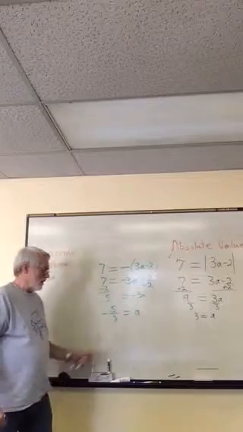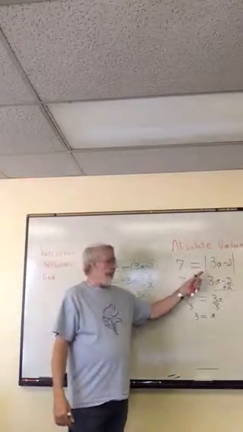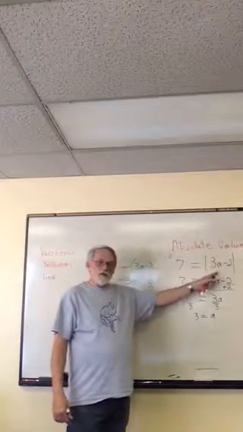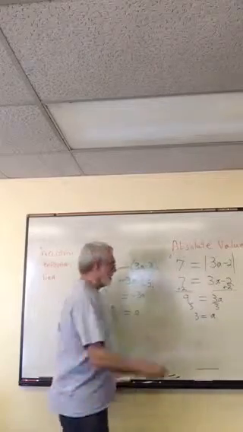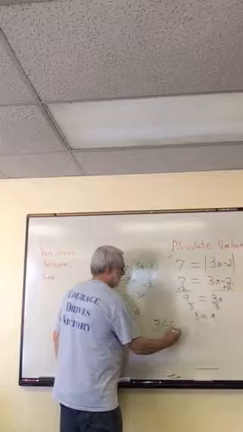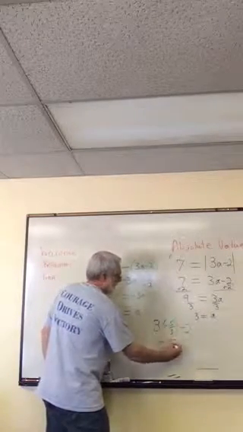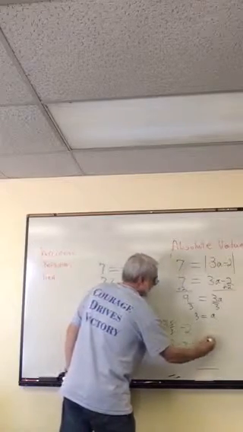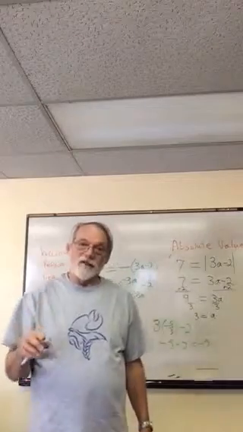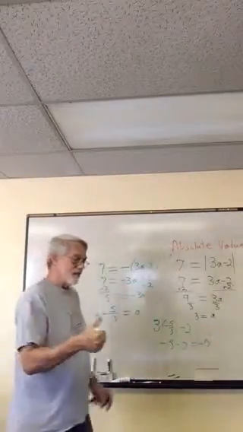So a equals -5/3. So if I go back and put in the -5/3 for a here, I will get a true statement, because 3 times -5/3 minus 2 is -5 minus 2, which is -7, but the absolute value of -7 is 7. Got it?